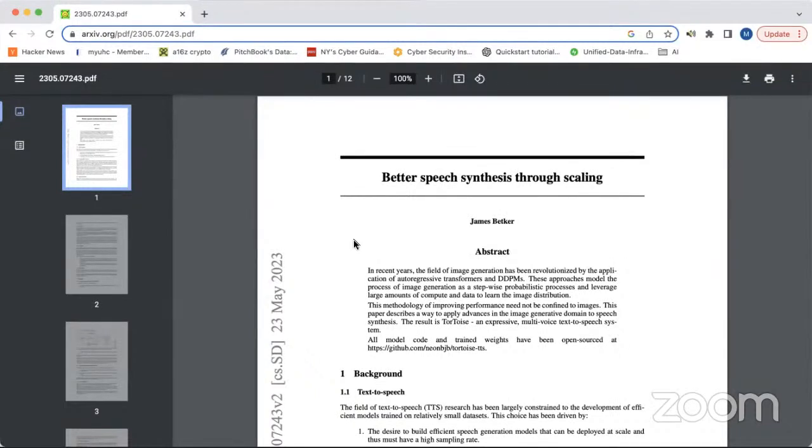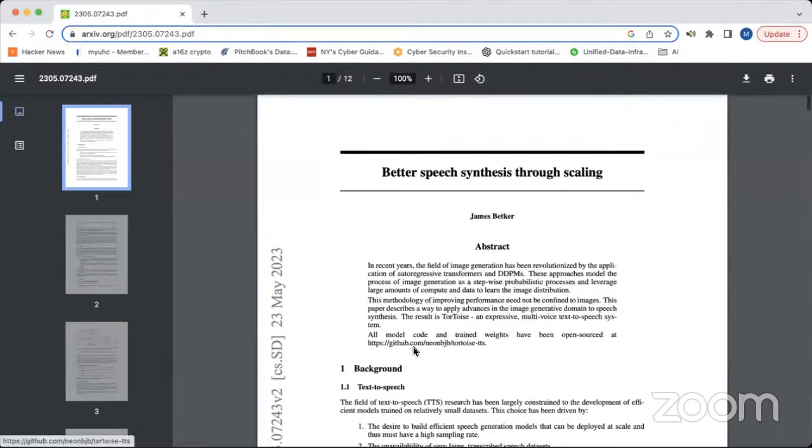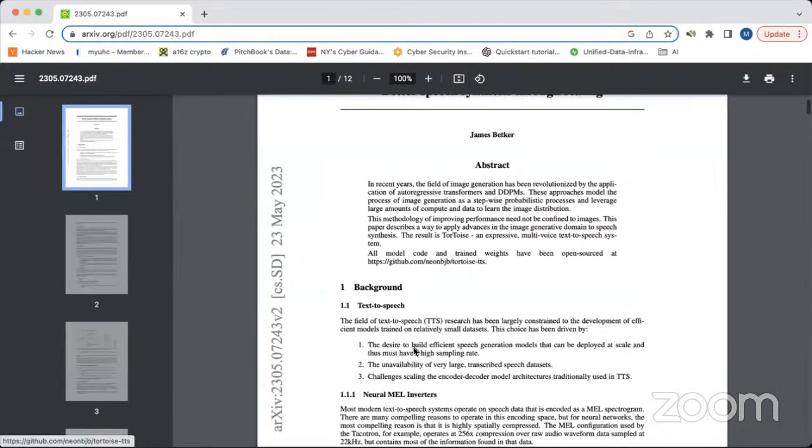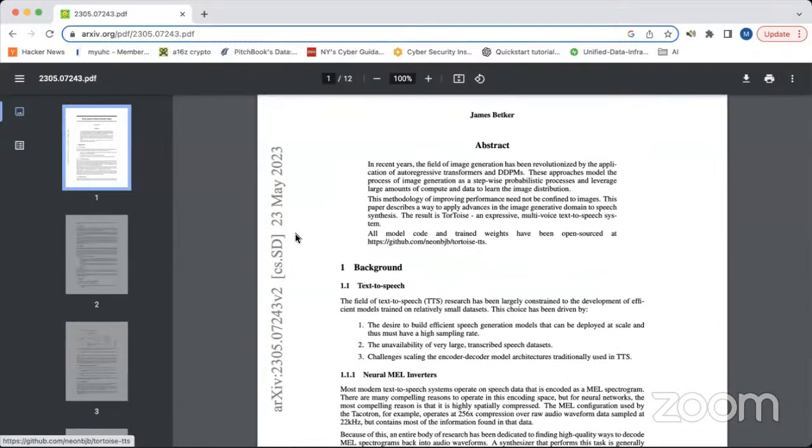Cool. We heard about Tortoise today from Patrick and started reading this paper. I'll go over what I understood from it, and feel free to stop and ask questions. This is a fairly recent paper, May 2023.